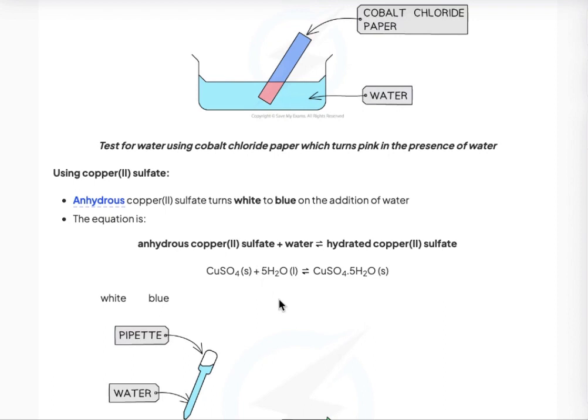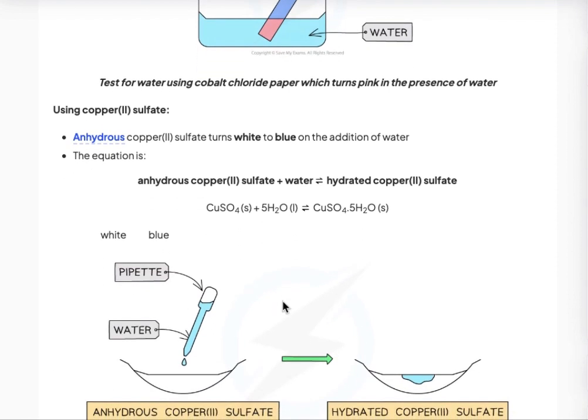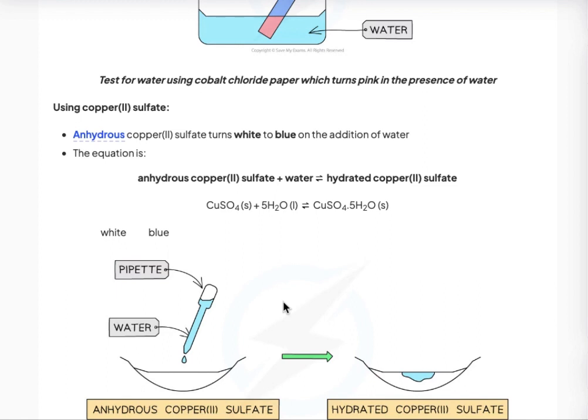Not only cobalt 2 chloride can we use for carrying out this test, we can also use copper 2 sulfate to test for water. We take the anhydrous copper 2 sulfate, and it turns from white to blue on the addition of water.